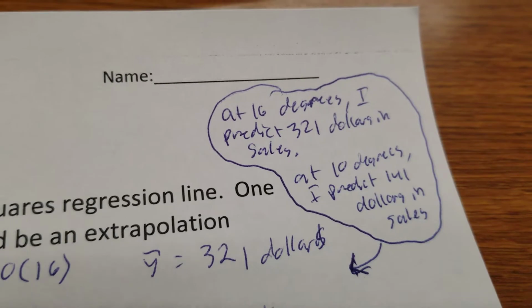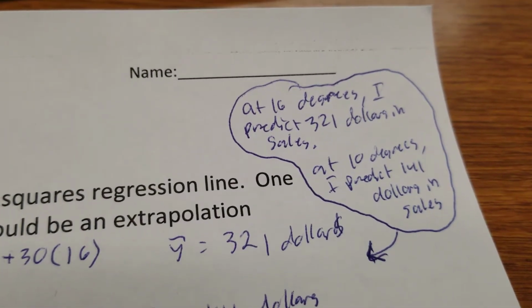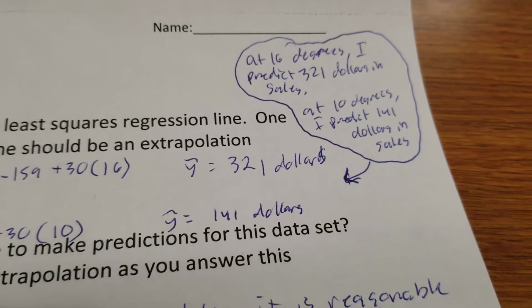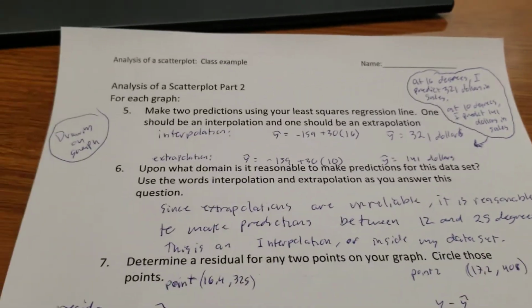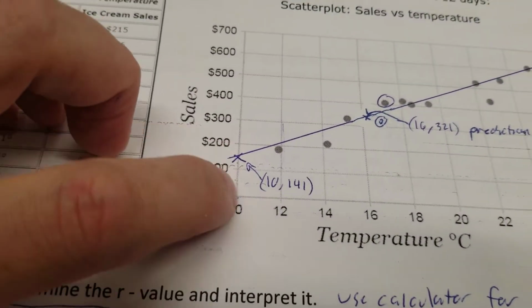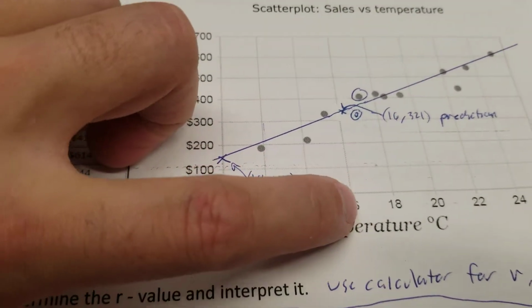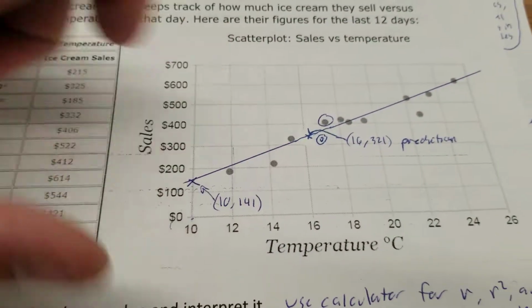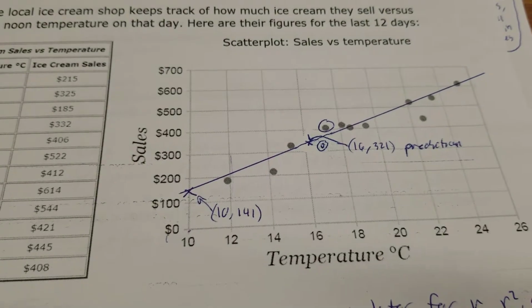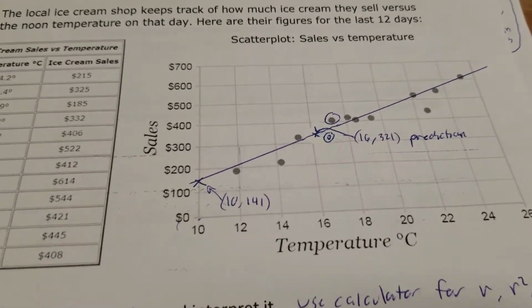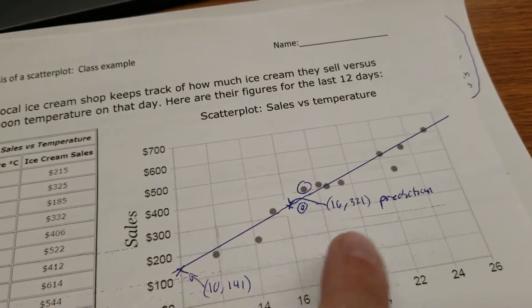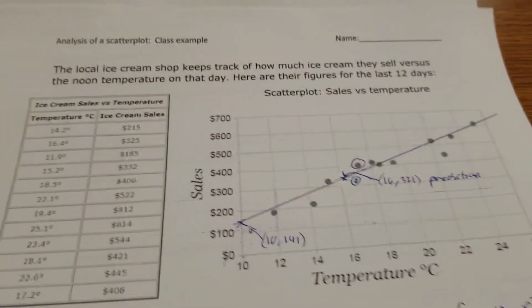Please write that. At 16 degrees, I predict $321 in sales. At 10 degrees, I predict $141 in sales. As for drawing it on the graph, I found 10, 141 and 16, 321. I connected the dots and got a nice graph. I even wrote my two predictions on there. You don't have to do that. Okay.